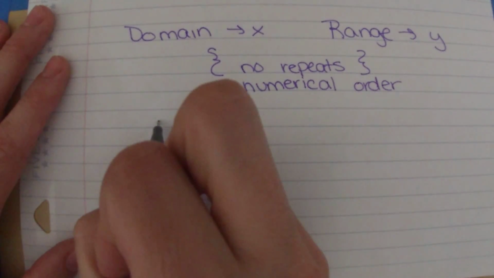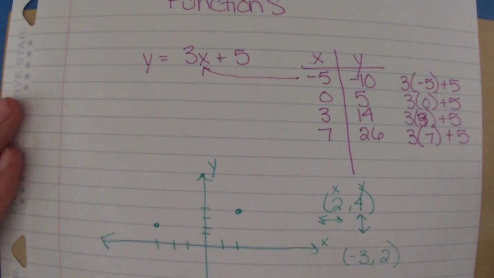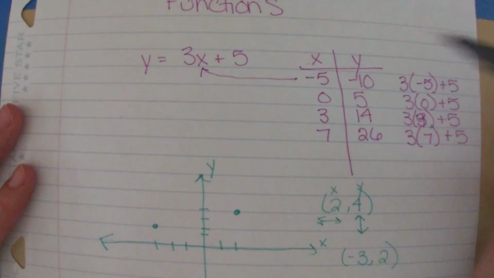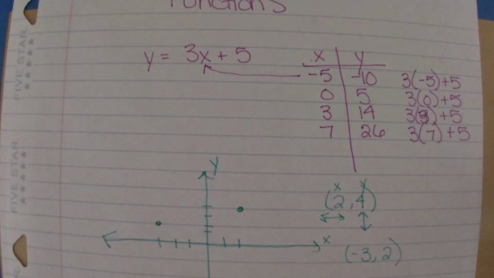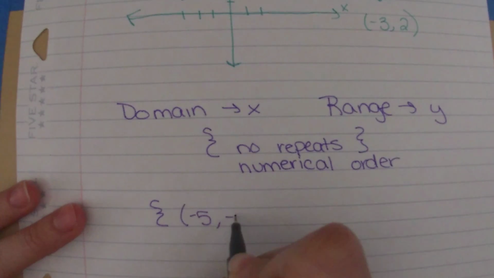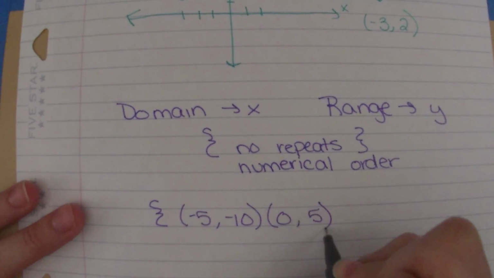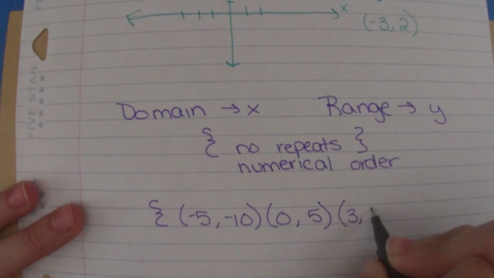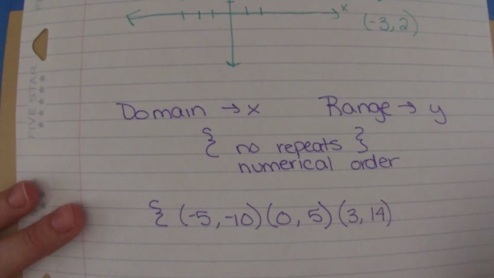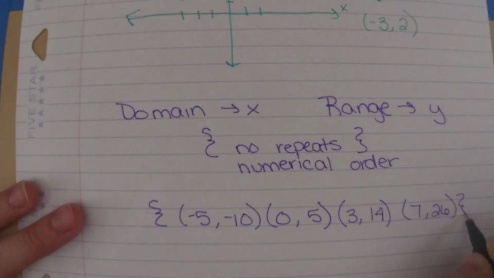Okay, so if I say here's some info about a function, I can just take this table that I have up here, right? This was a function of y equals 3x plus 5. And I know that I have ordered pairs of -5, -10, 0, 5, 3, 14, and 7 comma 26, right?